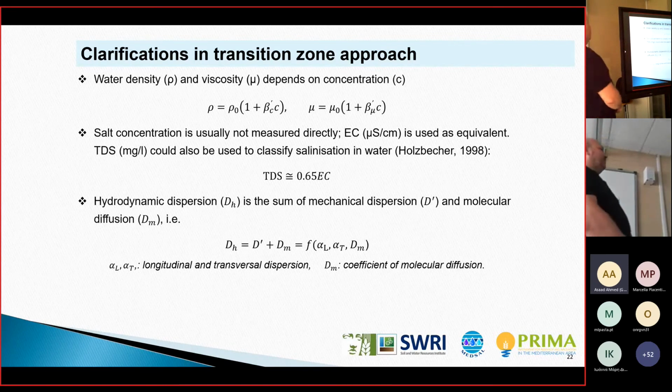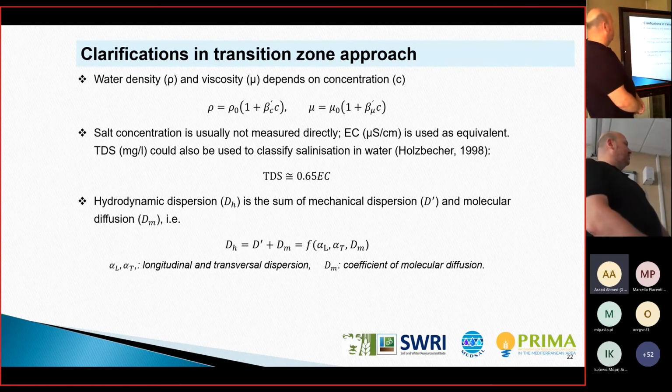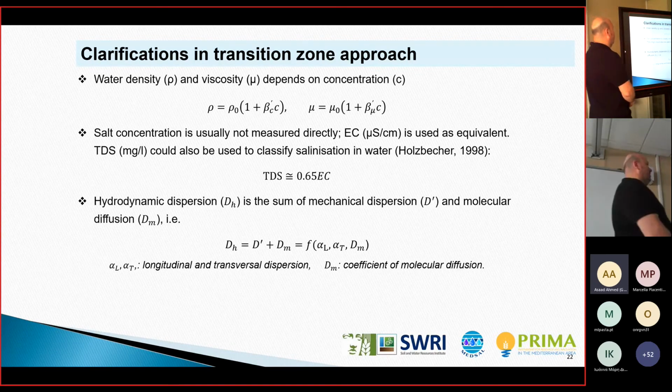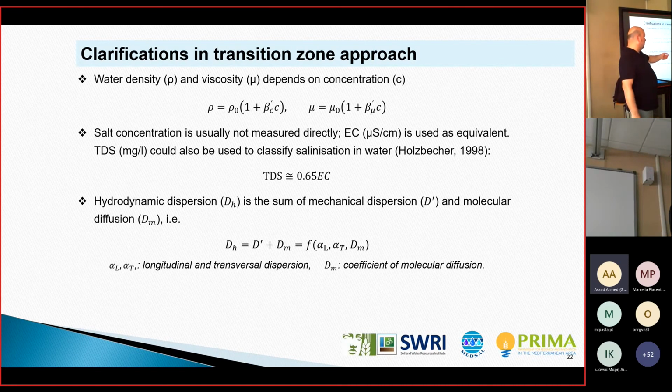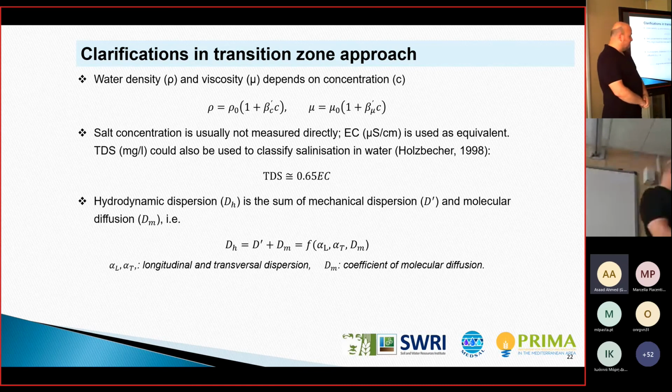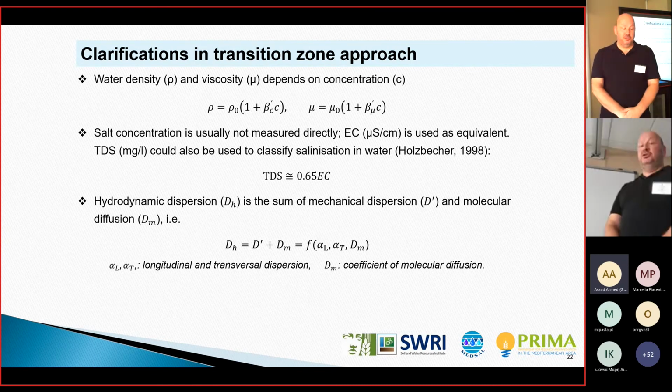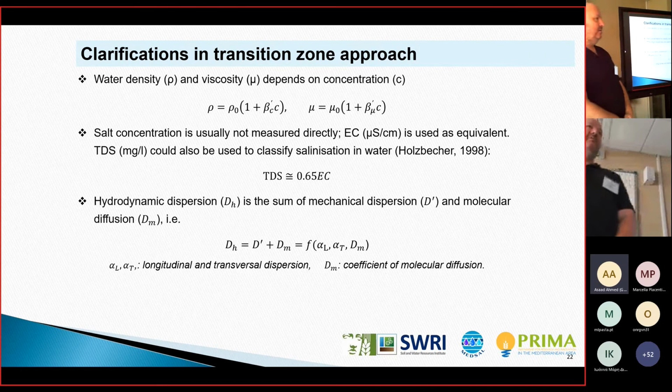Another issue that we have to address in the transition zone approach is that we have to estimate the hydrodynamic dispersion as the sum of the mechanical dispersion and molecular diffusion. For that, we need to assess the longitudinal and transversal dispersion and the coefficient of molecular diffusion, which usually is not so trivial based on the available hydrogeological data.